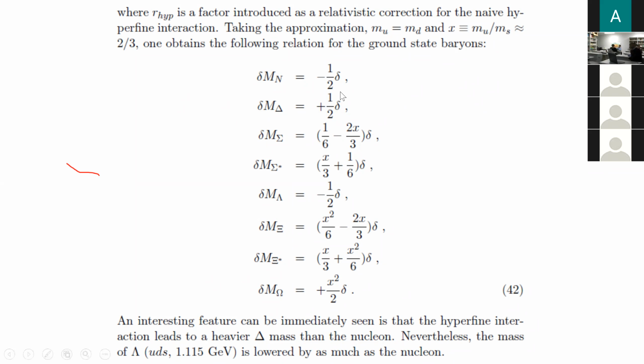For example, for the nucleon, for the delta, for the sigma or lambda cascade omega, it will introduce the mass splitting to a certain order, taking into account the mass difference between UD quark and the S quark. You can have additional sort of a term coming out. This is you just sandwich the operator for the spin dependent force into the wave function. You can work out this part.